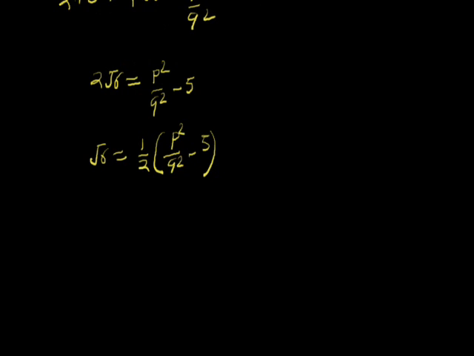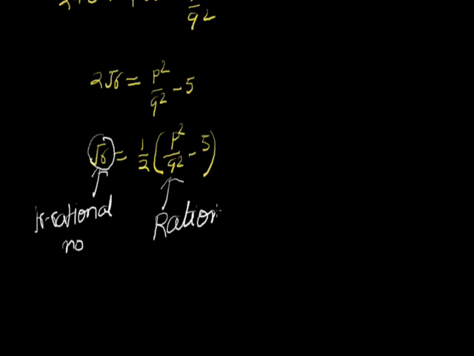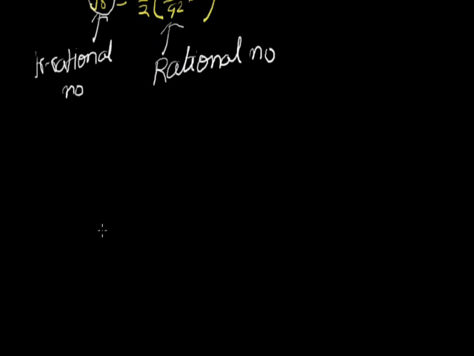Now again, if you observe the left hand side and the right hand side, we can conclude that this number root 6 is an irrational number, and the number on the right hand side is a rational number. So again we can see that rational cannot be equal to irrational.